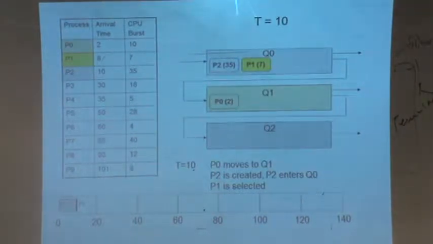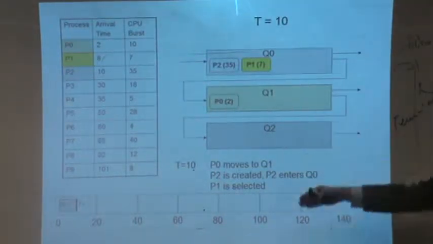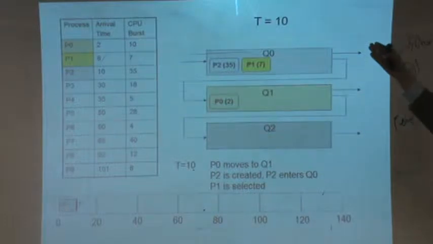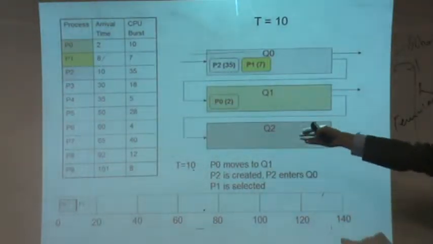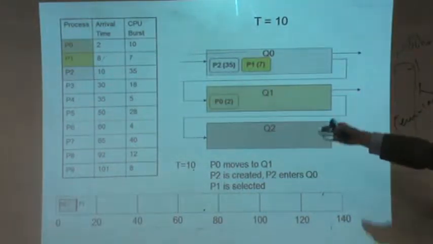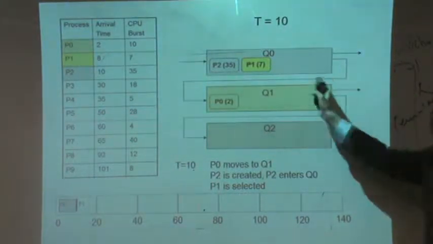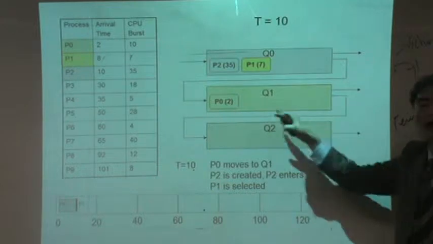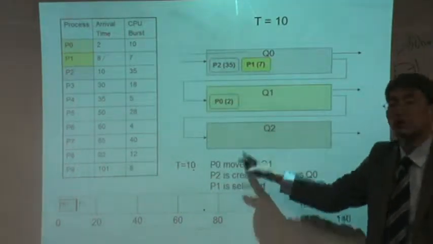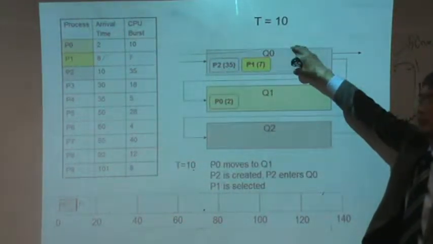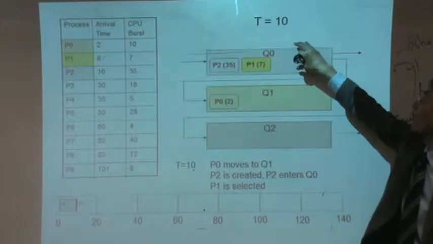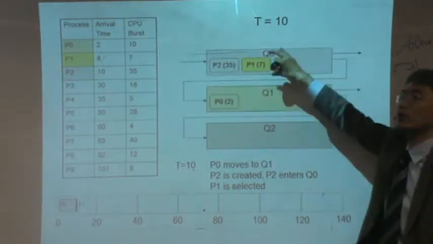Then first you need to run the scheduling algorithm along the queues. What is the rule? Priority. So this one takes the CPU resource. Even though we have processes in Q1 and Q2, they cannot yet. Then what is the algorithm of Q0?